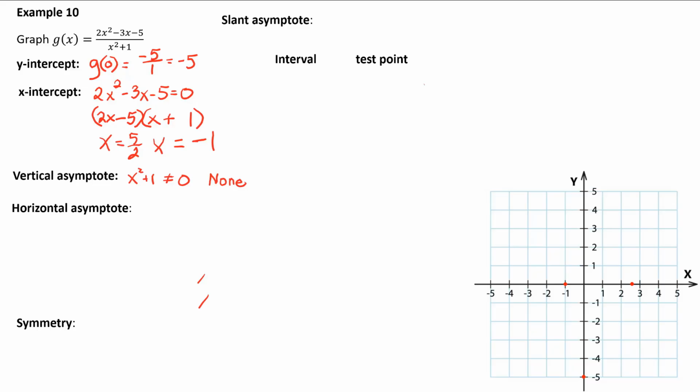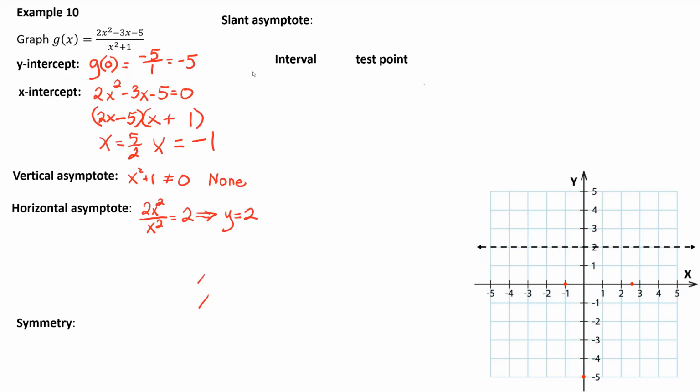They have the same degree, and therefore the leading term is going to dominate the numerator, and the leading term is going to dominate the denominator. So the numerator is dominated by 2x squared, and the denominator is dominated by x squared. So 2x squared over x squared gives us 2. So y equals 2 is our horizontal asymptote right there.